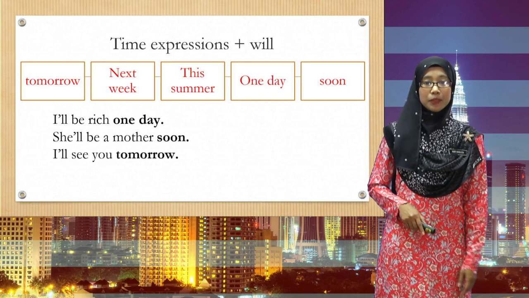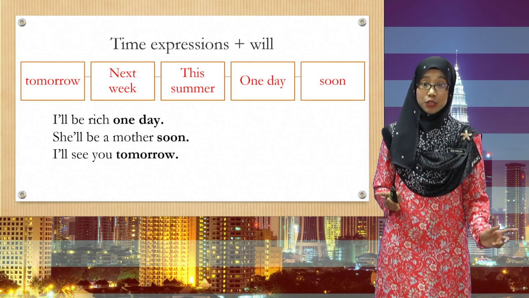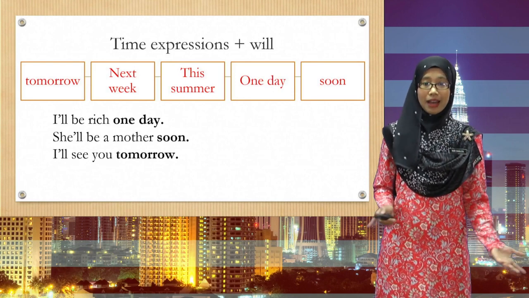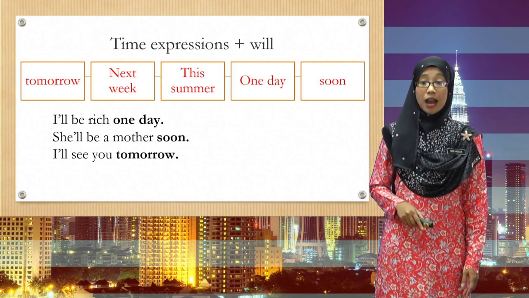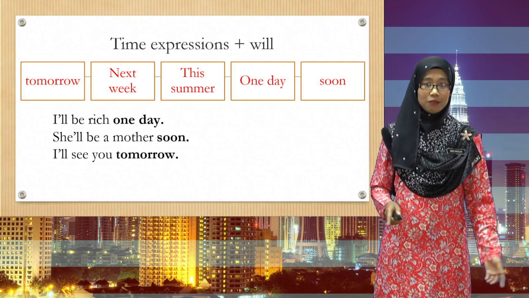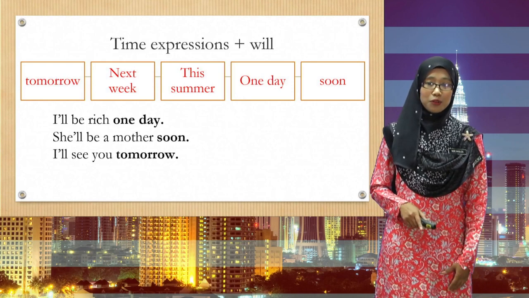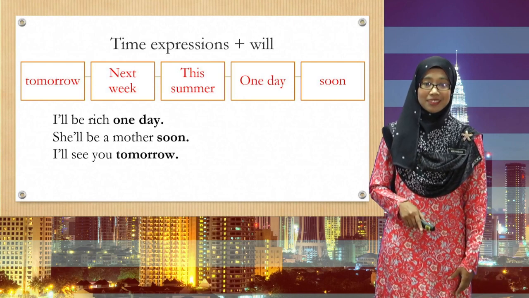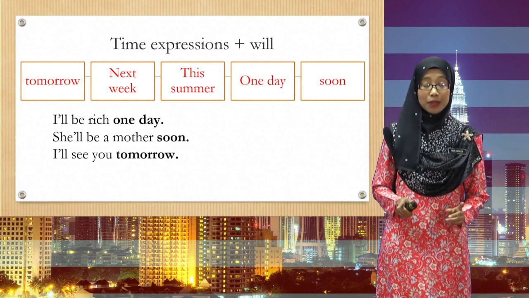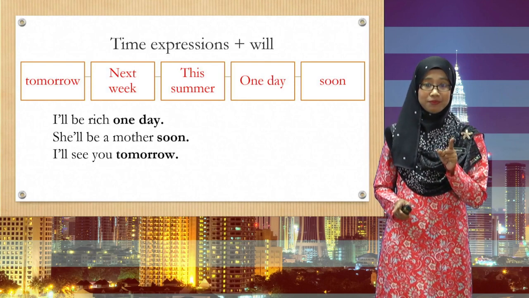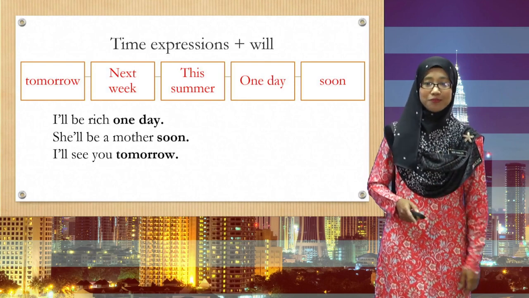The third example is, I'll see you tomorrow. I'll is the contraction for I will, like I have just mentioned in the first example. And tomorrow is the time expression. It tells us, when will I see you? I'll see you tomorrow.